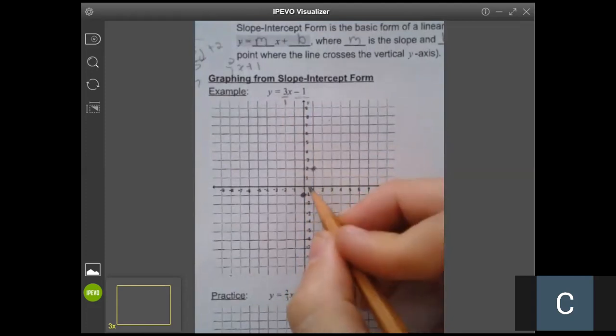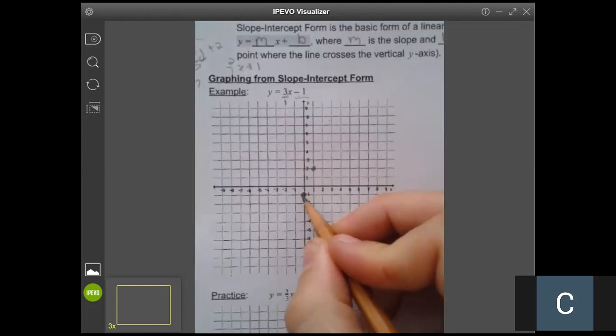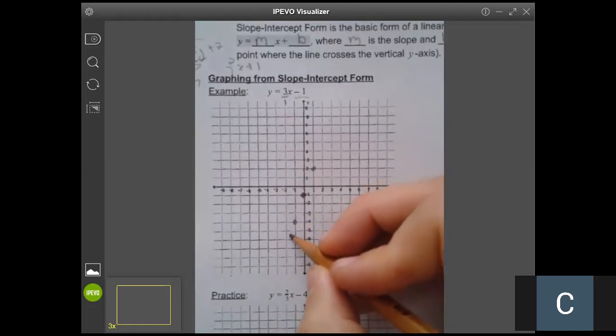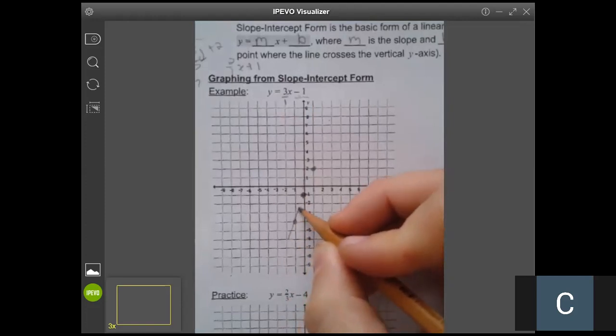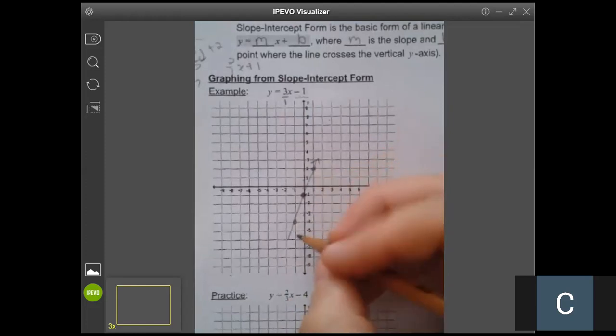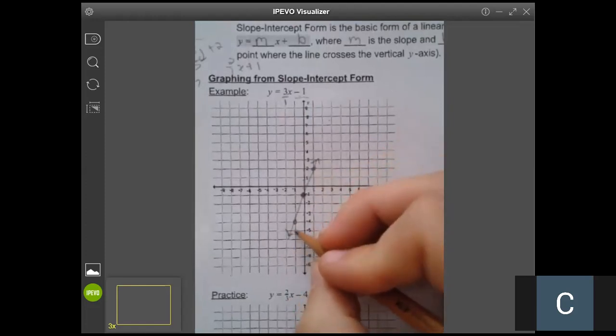And if we wanted to go the opposite direction, we would just do 2 negative numbers, because two negative numbers divided by each other would be a positive number as well. So if I go -3 down and then -1 left, I would also get a point there, and this would be my graph of that line. Okay, so that was our example problem here.